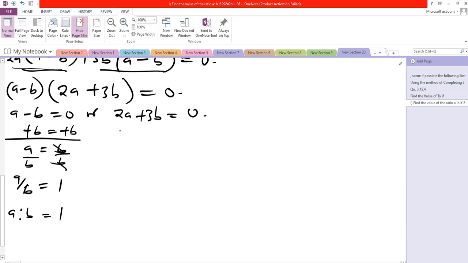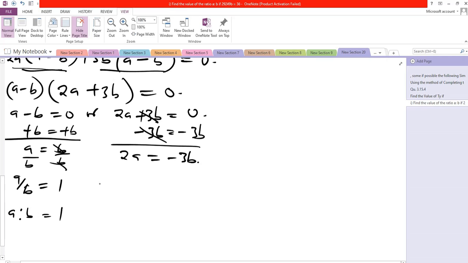Now you have this, if you add minus 3b to both sides, this will cancel out this. You have 2a equal to minus 3b.